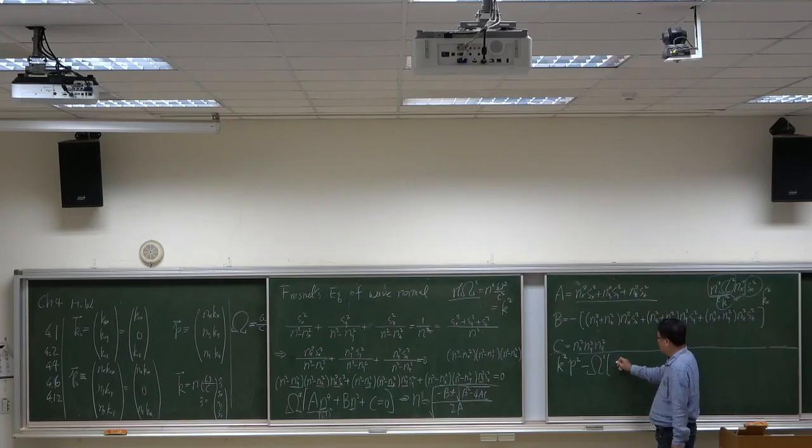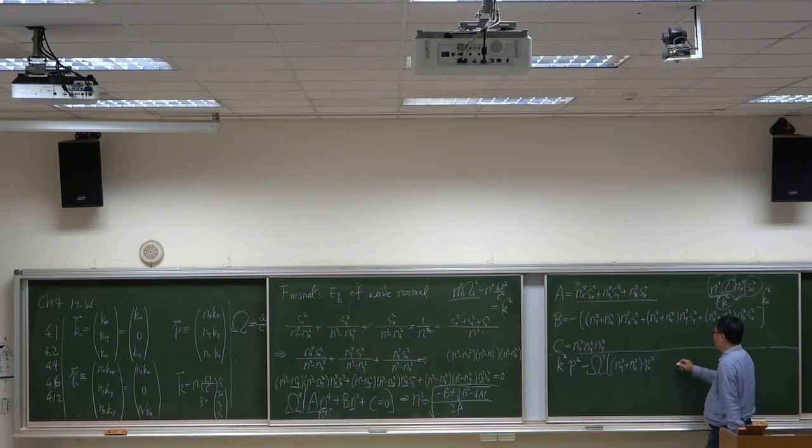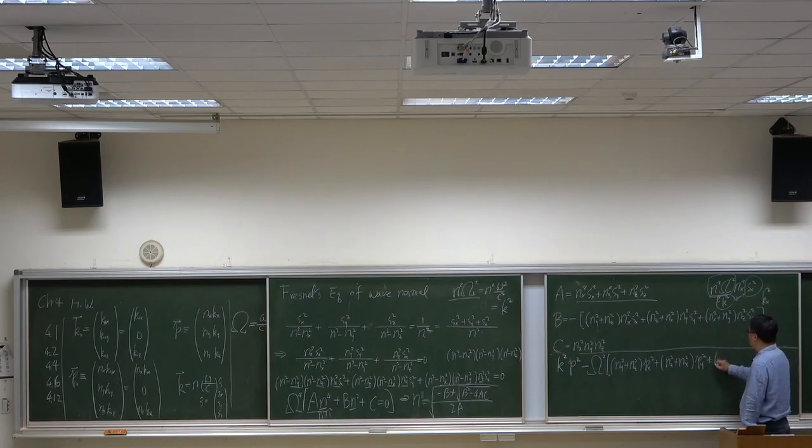So this is ny squared plus nz squared times px squared, plus nz squared plus nx squared times py squared, plus nx squared plus ny squared times pz squared.